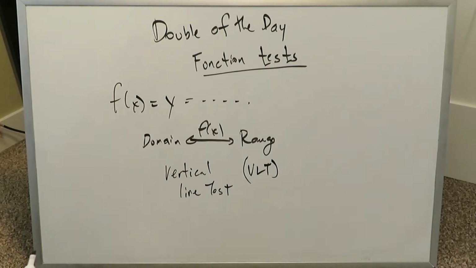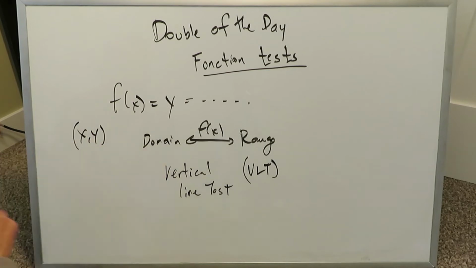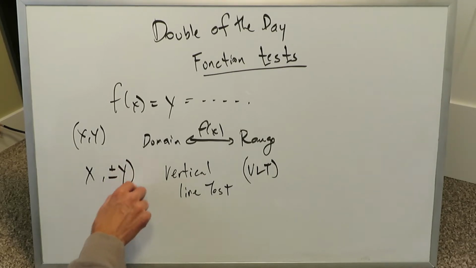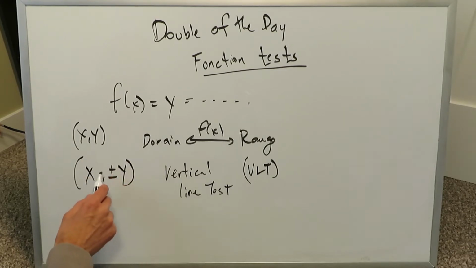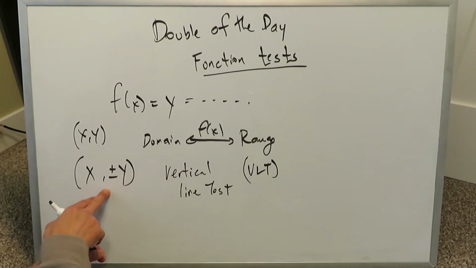If you have coordinate pairs, an x and y coordinate pair, where a single x value is generating multiple y values, in this case one single x value giving rise to a plus and a minus y, then the vertical line test will fail, and the expression into which this coordinate falls will not be a function.